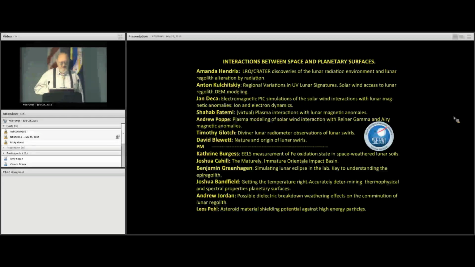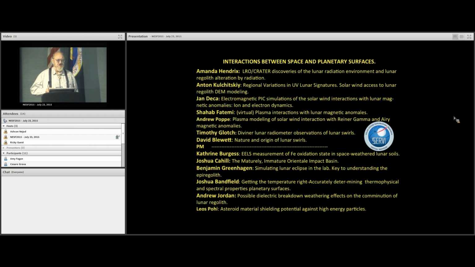This is a list of the celebrities that we're going to be talking today, and you can see we're going all the way from the first part, which has to do with solar wind and magnetic fields and swirls, and then in the afternoon, Katie Burgess will be talking about some fantastic new discoveries with nanophase iron.